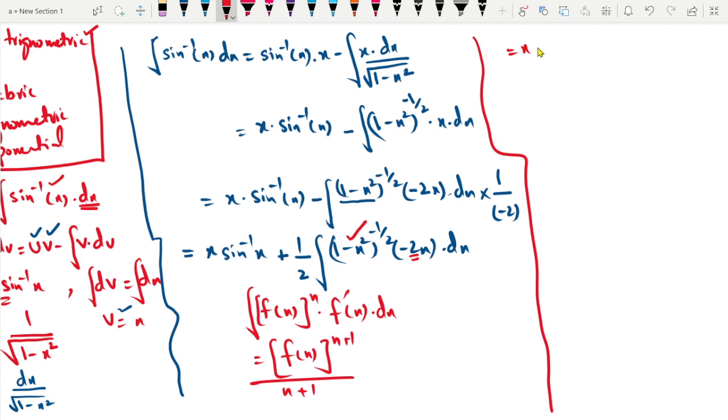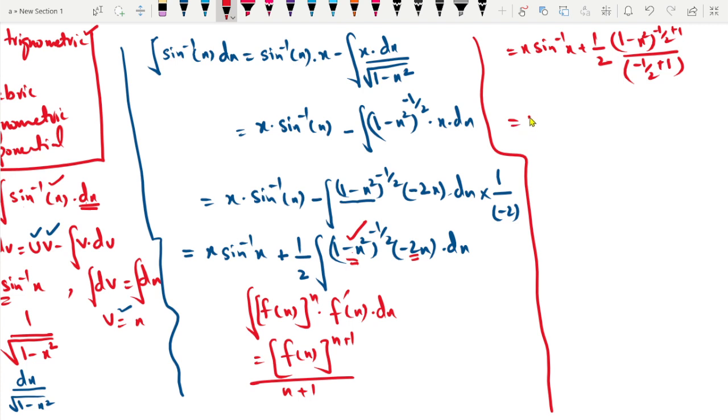x sine inverse of x plus 1 by 2 times f of x to the power n plus 1, that is 1 minus x square to the power minus 1 by 2 plus 1, divided by minus 1 by 2 plus 1.